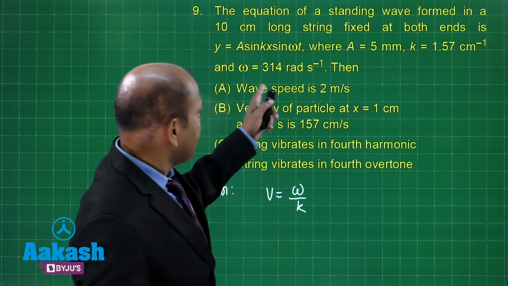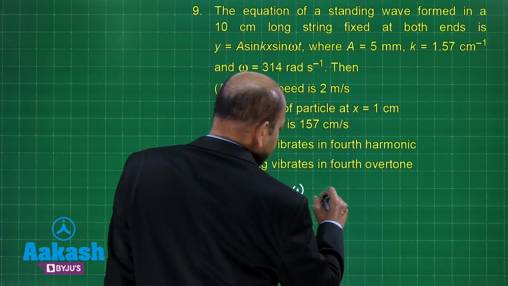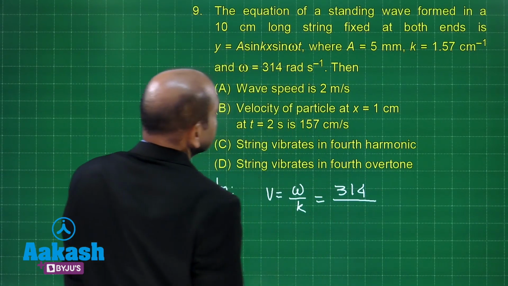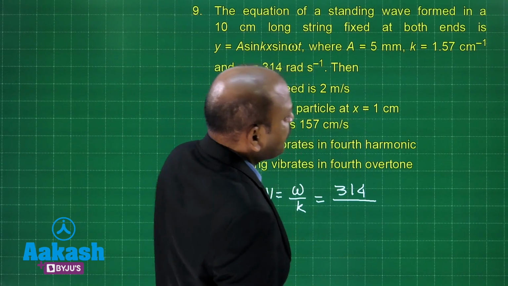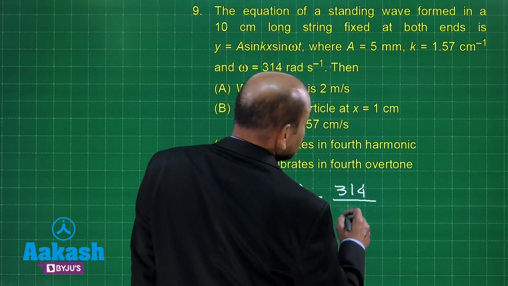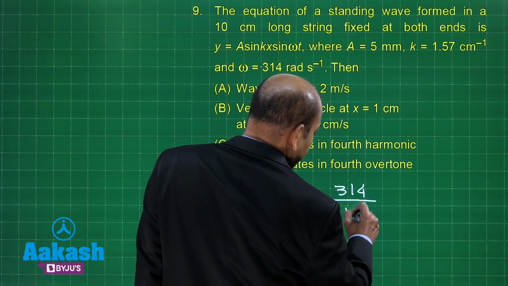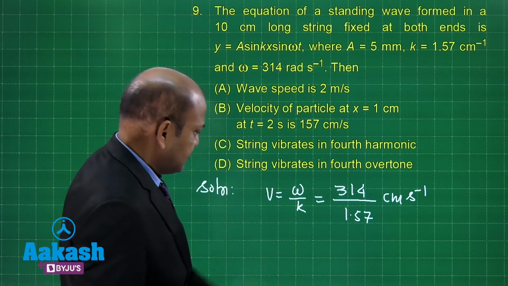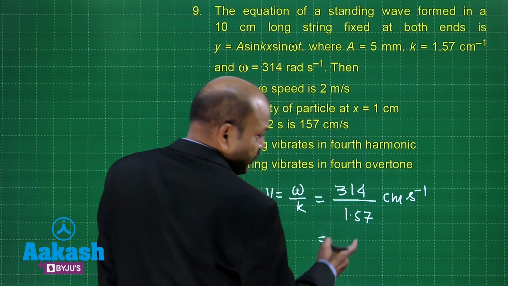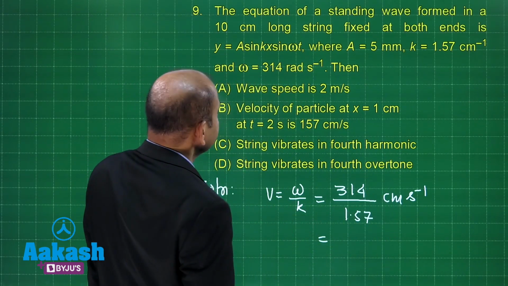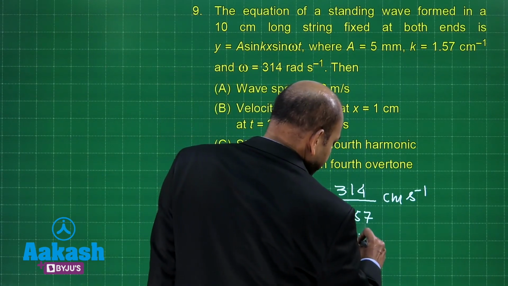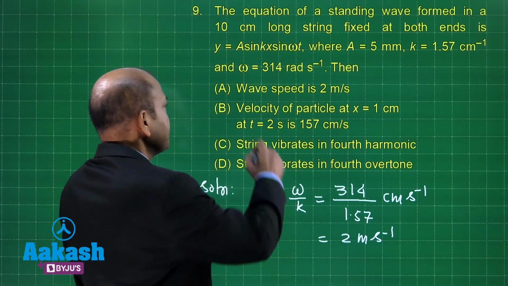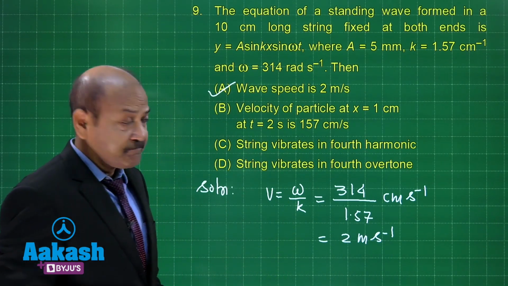Omega is 314 radian per second, and k is 1.5 centimeter inverse. So, we find this is equal to 200 centimeter per second or 2 meter per second. So, the speed of the travelling wave is 2 meter per second. So, option A is clearly correct.